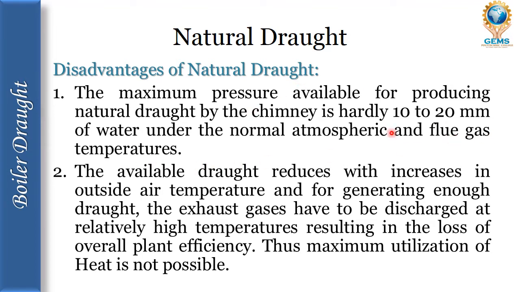Natural draft is effective only if it attains this pressure and temperature. The available draft reduces with an increase in outside air temperature, and for generating enough draft, the exhaust gases have to be discharged at relatively high temperatures, resulting in a loss of overall plant efficiency. Thus, maximum utilization of heat is not possible.